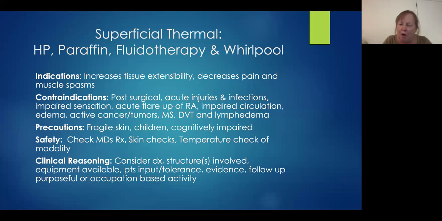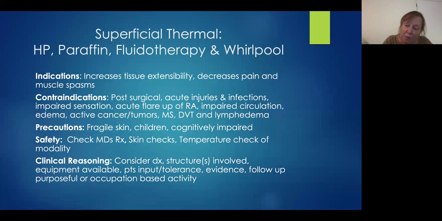Precautions. These are just precautions, things you need to be careful about when you are using physical agent modalities of any type with somebody who has fragile skin. As we get older, our skin becomes thinner and more fragile, and so we do not want to put any kind of extreme heat over it.